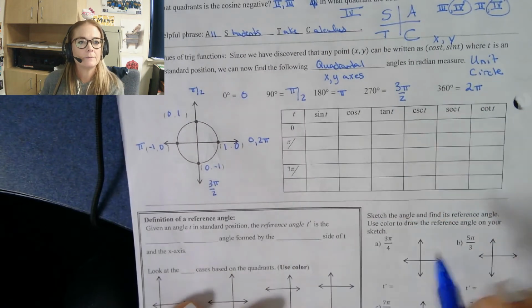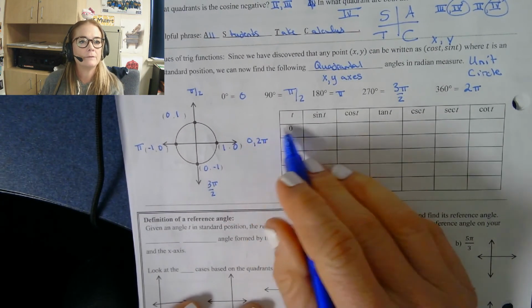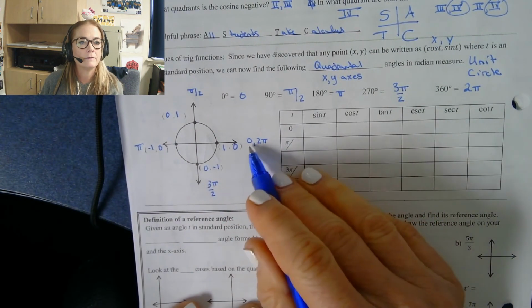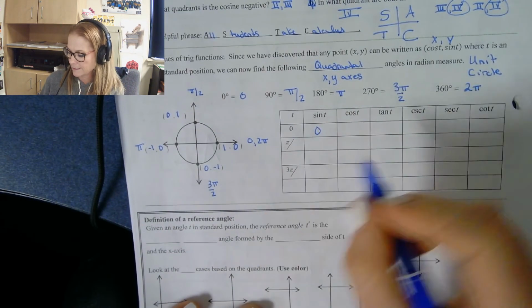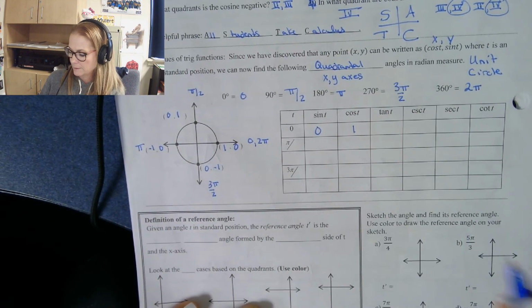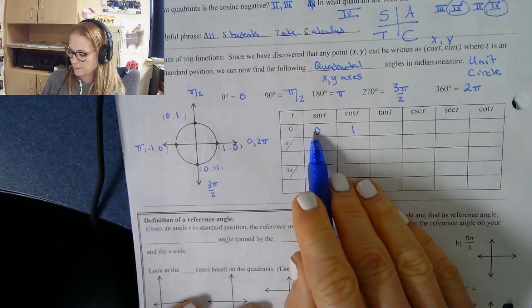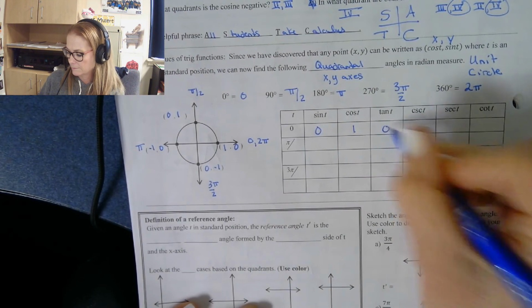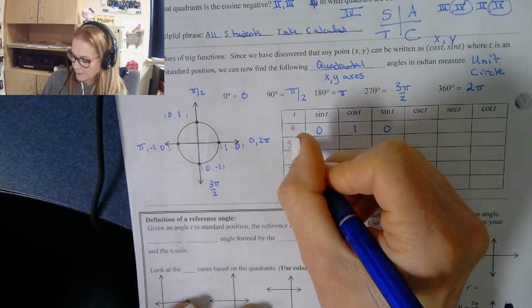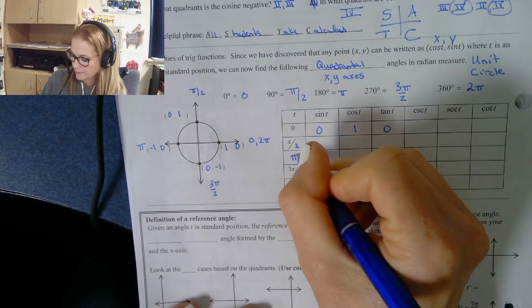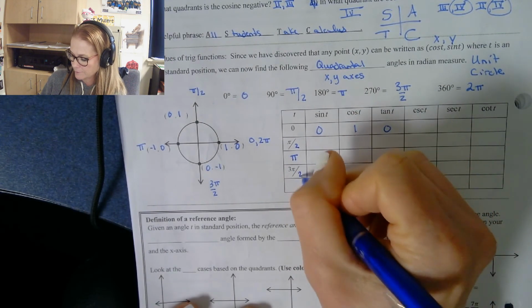This is kind of easy. Sine on the unit circle is the y value. Cosine is the x value. Tangent is sine over cosine. Let's go pi over 2, pi, 3 pi over 2, and 2 pi.